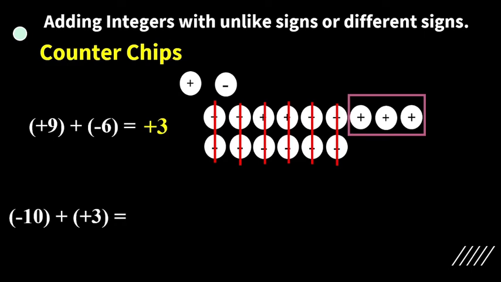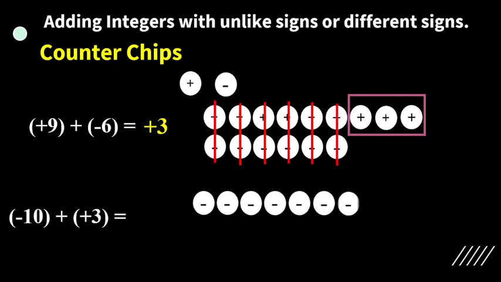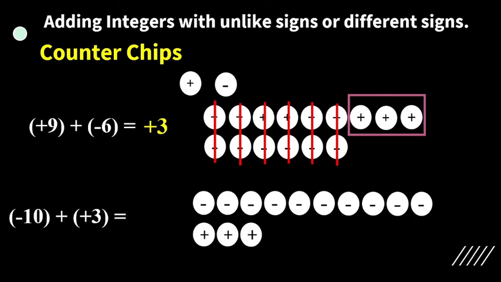Let's have another one. -10 plus +3. Let's represent -10 using 10 negative chips, and +3 using 3 positive chips. Then cancel out those chips having pair.